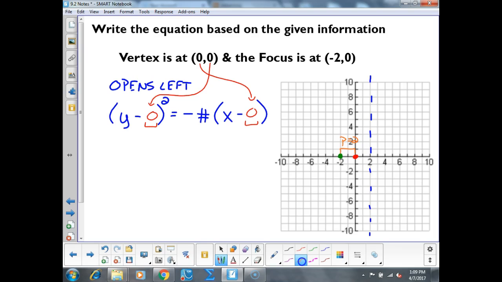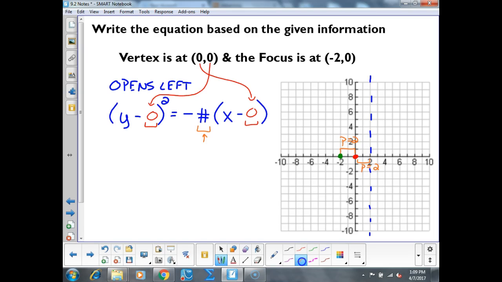Or, if you wanted to go off of the directrix, this right here is also P, which is 2. But what is this number right there?